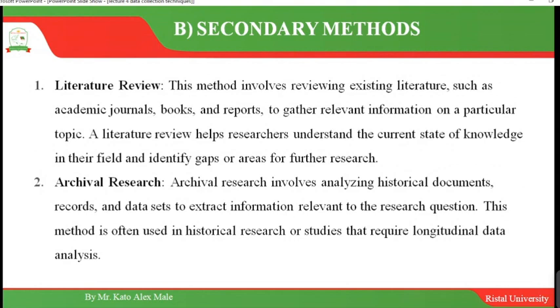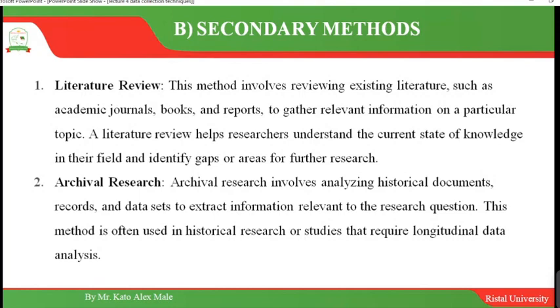A literature review can include journals, books, and reports. These help researchers understand the current state of knowledge in their field and identify gaps or areas for further research. Doing a literature review helps you identify the significance of your study.